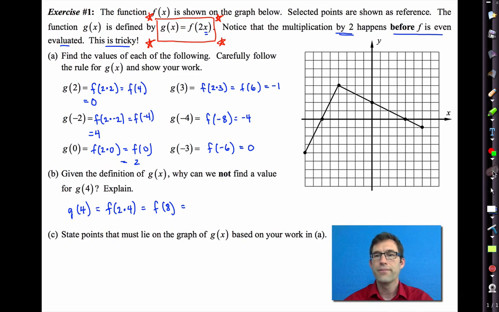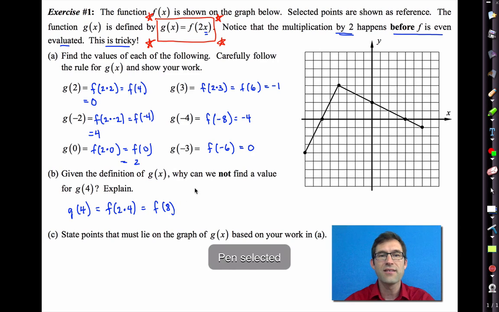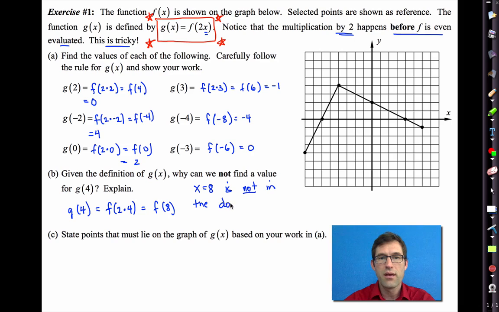Why can't I do it? I can't do it because 8, x equals 8, is not in the domain of f of x. So, 4 is in the domain of f of x, but 8 is not.